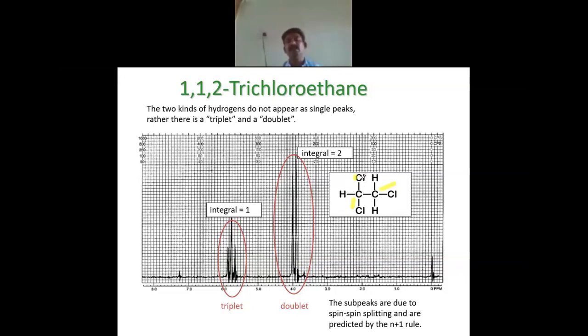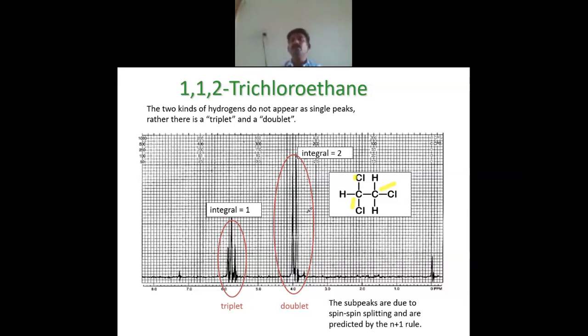CH here and H here. Two environments, two peaks will appear here and here. Okay? So that is the two peaks. That's the first one.